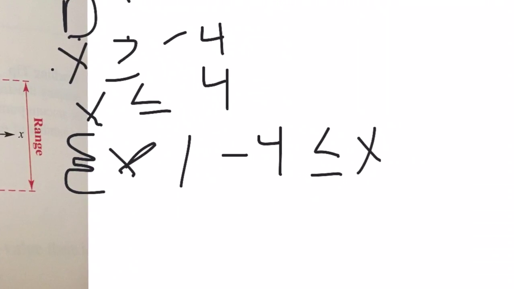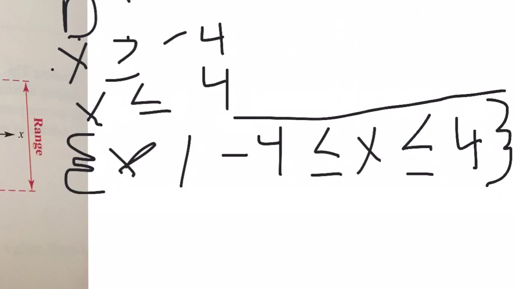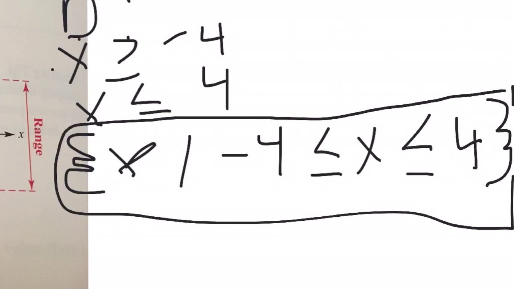And with the +4, it's open towards the +4. So it's less than or equal to +4. Remember, with the two inequalities, the smaller number always goes on the left, the bigger number always goes on the right. So, on any sort of homework or exam, you could write your domain like this.